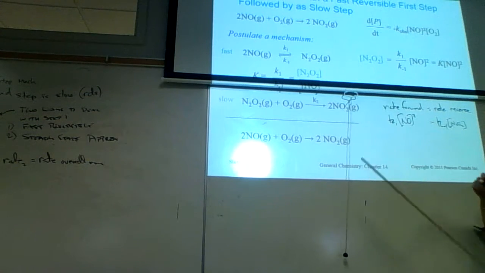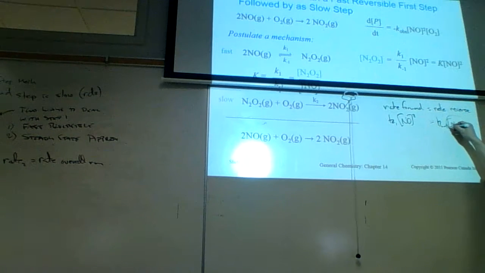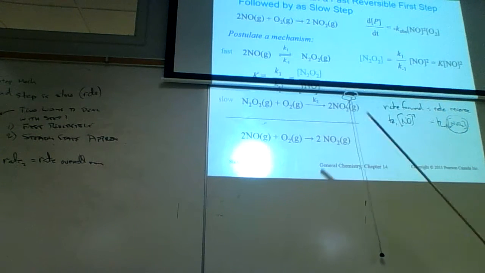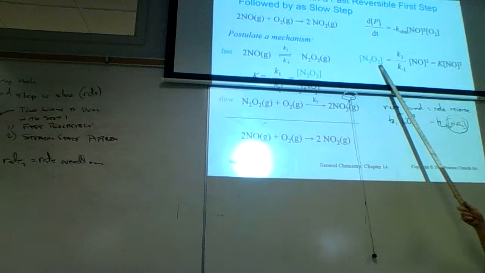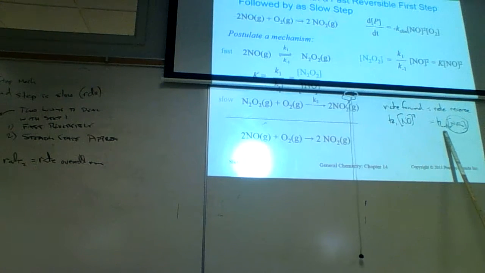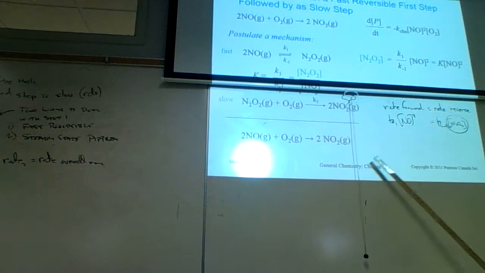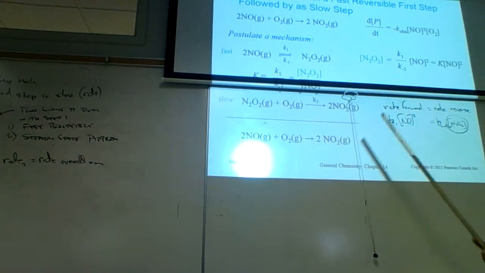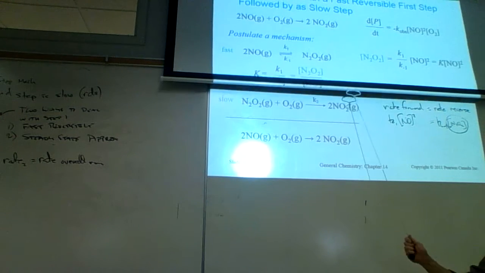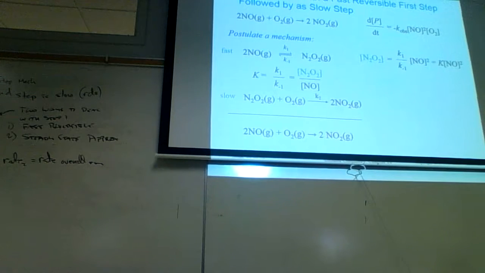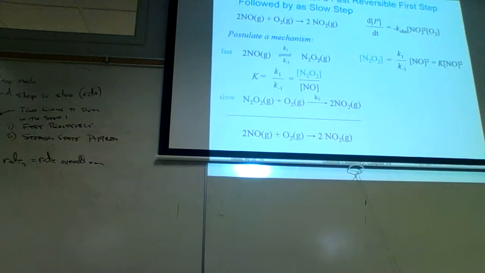Now, what we're going to do is solve this equation for N2O2. When we solve the equation for N2O2, we just divide both sides by K minus 1. It would be K1 divided by K minus 1 times the NO squared. So just simplify this equation, that's what we get. Your book does a couple of other things here.